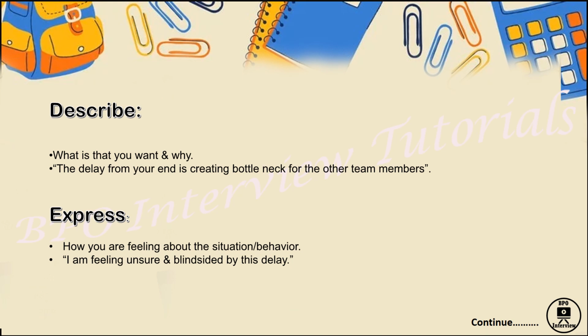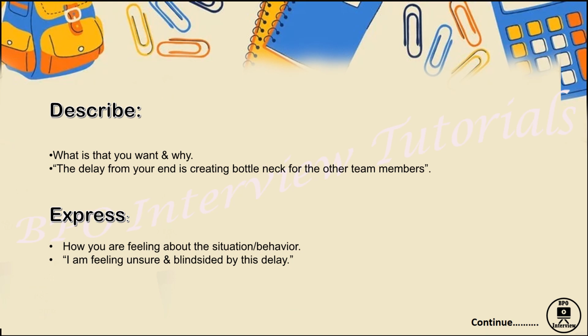Here we describe to the person taking the feedback what will happen if that issue occurs or if they make that particular mistake. Because of this mistake, there will be a bottleneck for the other team members, and a deadlock or issue for the other customers.